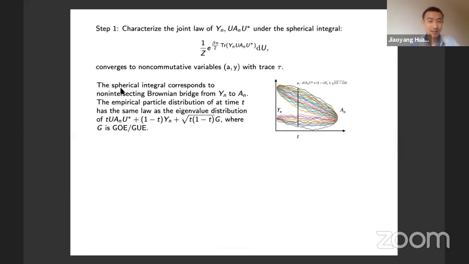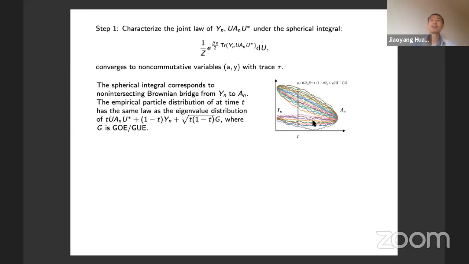I mentioned in previous slides that this spherical integral corresponds to the non-intersecting Brownian bridge from Y_n to A_n. You get the spherical integral by conditioning on the Brownian bridges from Y_n to A_n, and conditioning on them not intersecting each other.